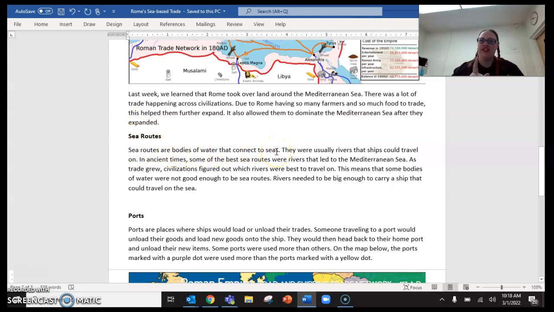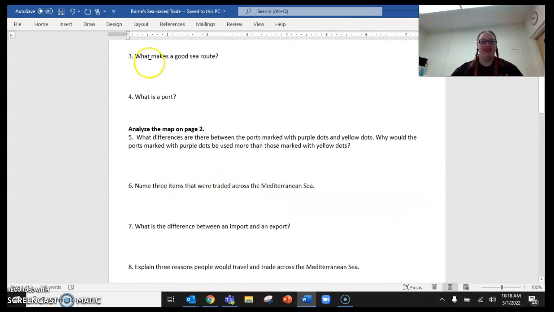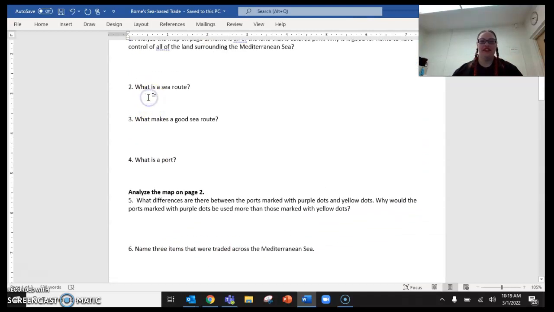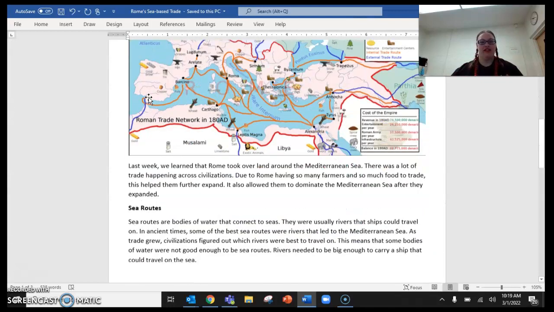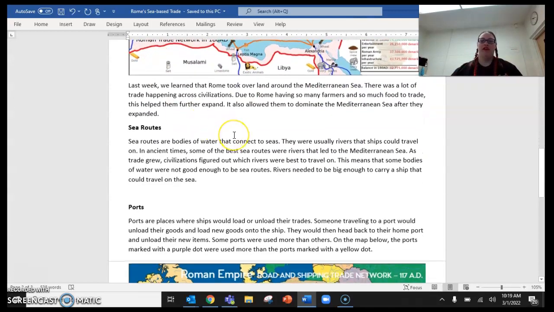Oh, wait a minute. That's one of our questions. So, since I pre-read the questions, I can pause right now and give the definition of a sea route. Now, I'm not going to type it in, but you have it in the text, okay? Remember, you are going to paraphrase and put it into your own words as the directions said.